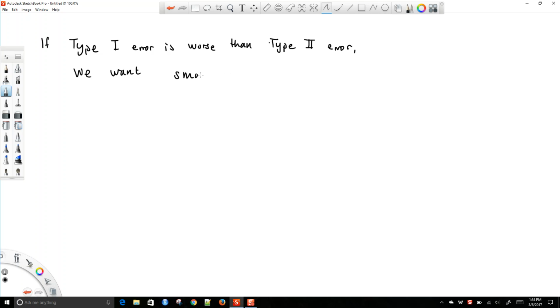We want a small alpha, because alpha is the probability of type 1 error, and so if type 1 error is worse, we want to reduce this. And they actually say this in court.